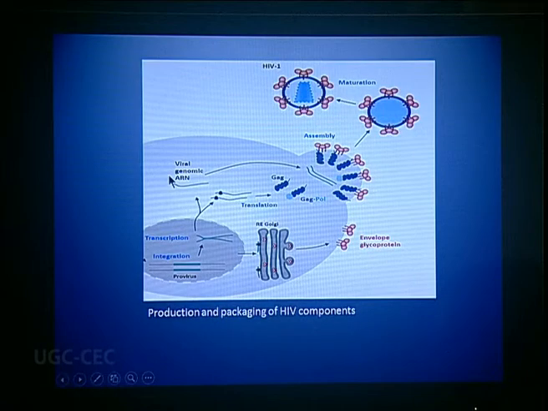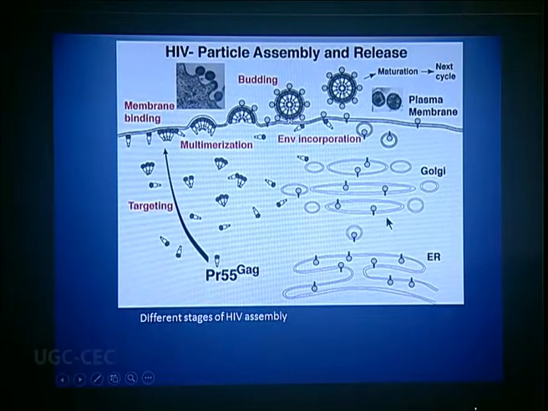So more or less this is what is happening, that this particular provirus which had the integrated RNA or integrated DNA will produce the transcription, and then the translation will produce the GAG-POL protein, then there will be assembly and the finished product is given out. This phenomenon of course requires some precursor.